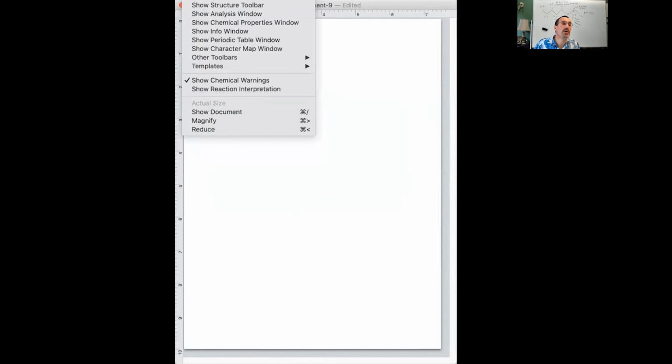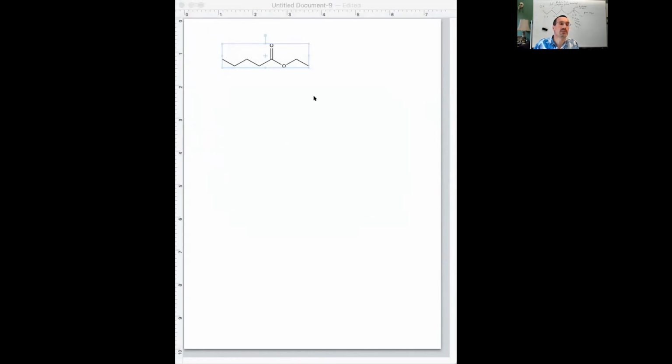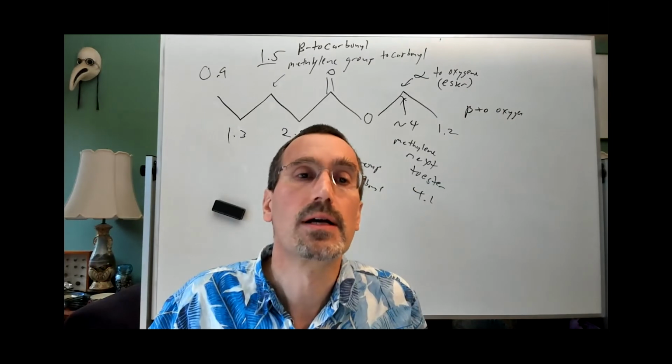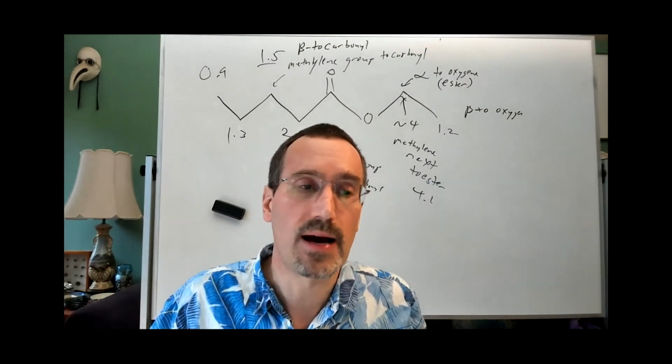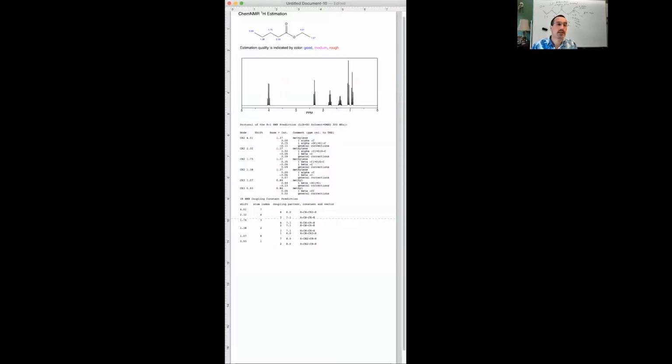Here we go ahead and predict our chemical shifts. I'm going to share the window that just popped up, and it gives you the estimates of the spectrum, which looks very much like the actual spectrum.